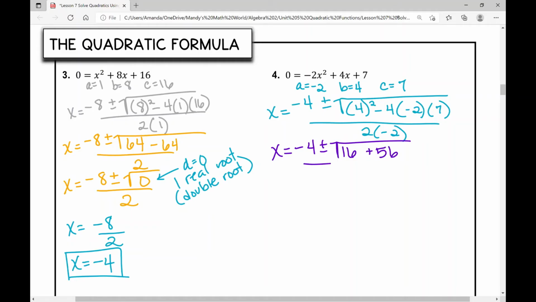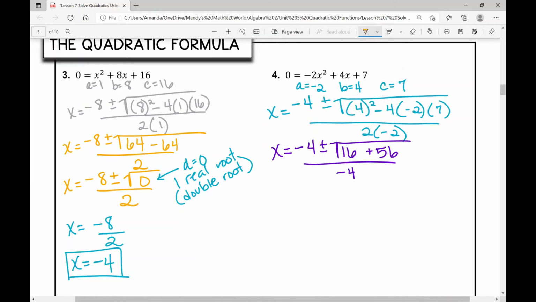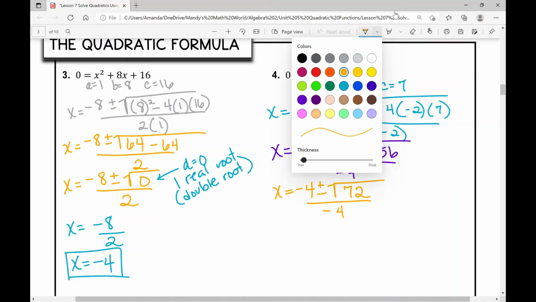So plus 56 over 2 times negative 2, which is negative 4. And now we're going to add those two numbers underneath our radical to get 16 plus 56 is 72 over negative 4. And I want to simplify the square root of 72. I know I can simplify it, but it's not a perfect square.